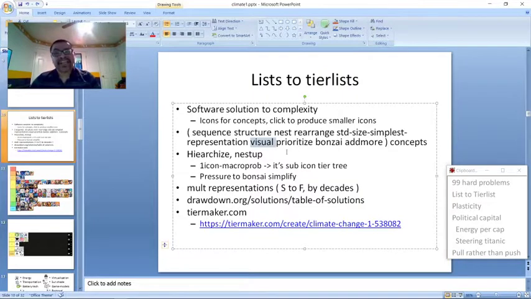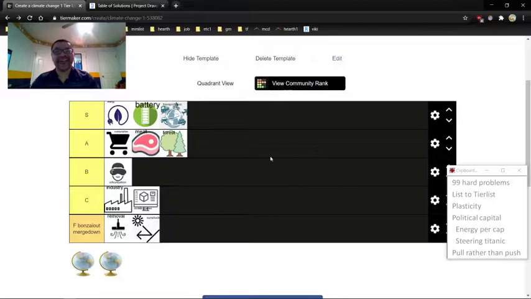It enables prioritization. In a glance, you can see which components you can prioritize, and also it enables the banzaiing out and merging down.